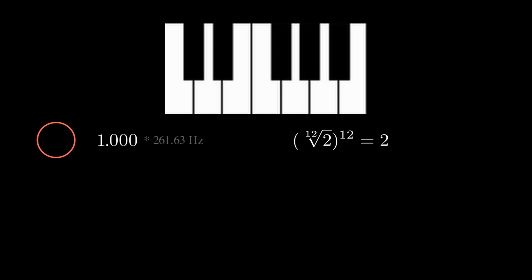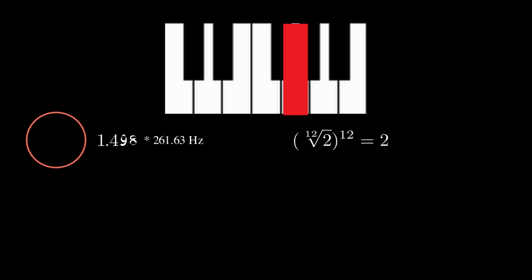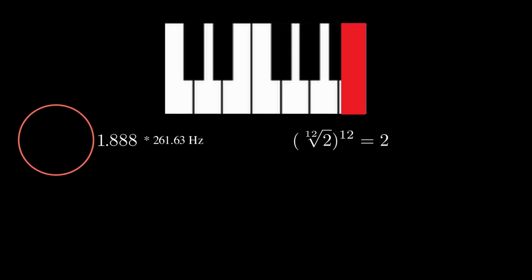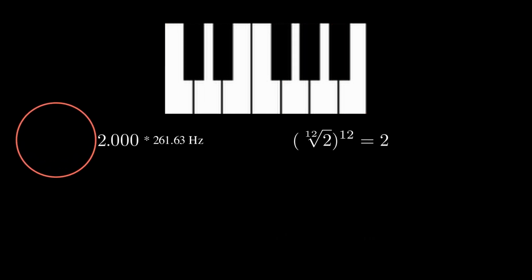In Western music, an octave is divided into 12 distinct notes, often called semitones. And here's the crucial part. Each adjacent note within that octave increases its frequency by the exact same multiplicative ratio. If doubling the frequency takes you 12 steps, what's the single step's multiplier?